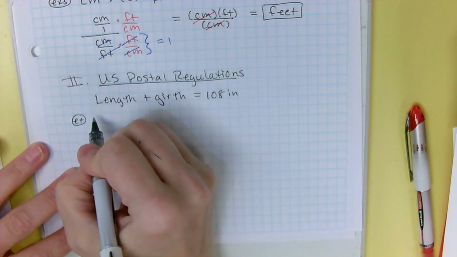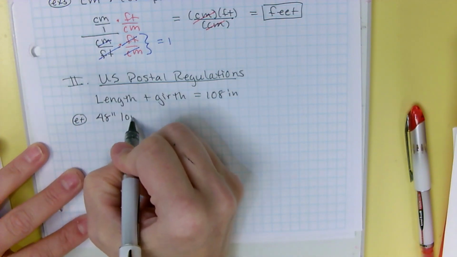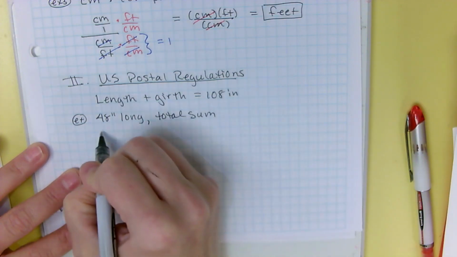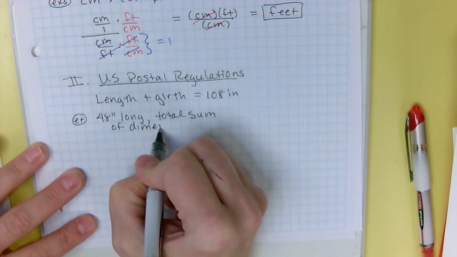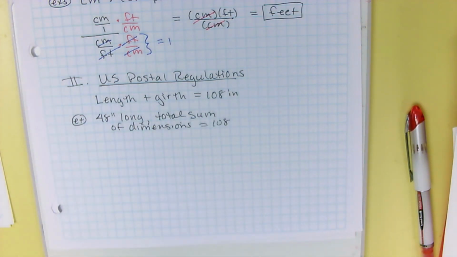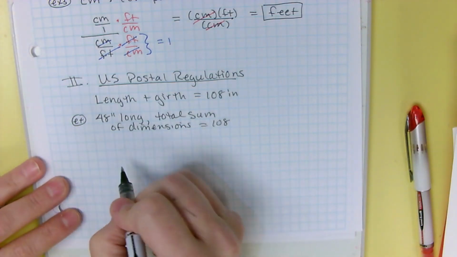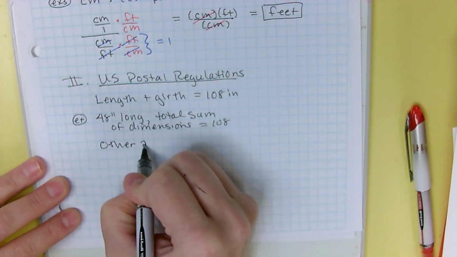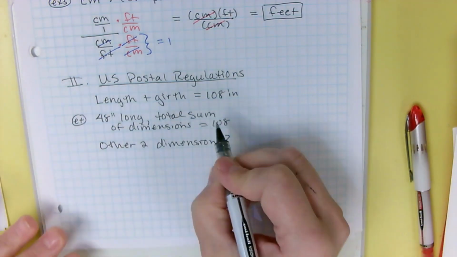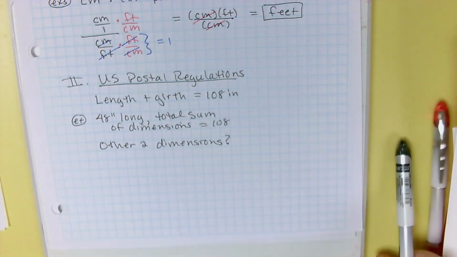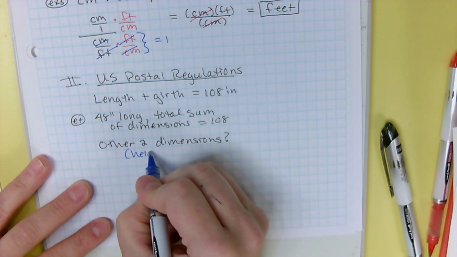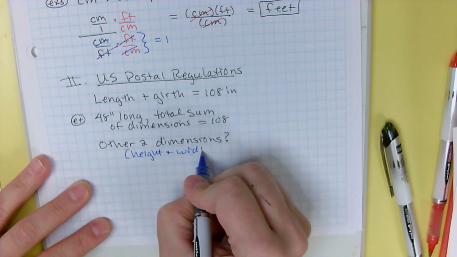For example, we have a package that is 48 inches long, and the total sum of the dimensions equals 108. What they want you to do is figure out the other two dimensions. We know how long it is, we know the sum, but we want to know the other two dimensions, the height and the width.